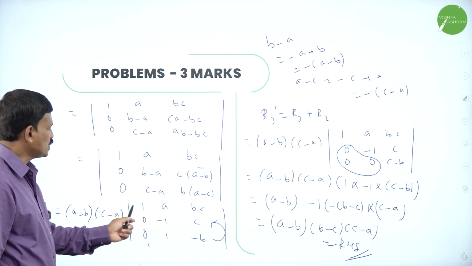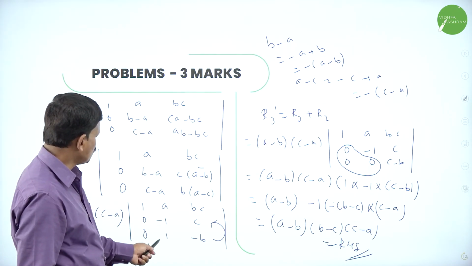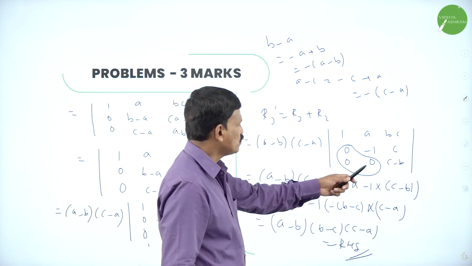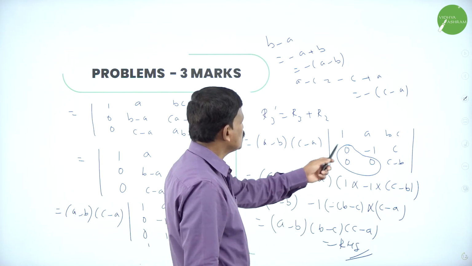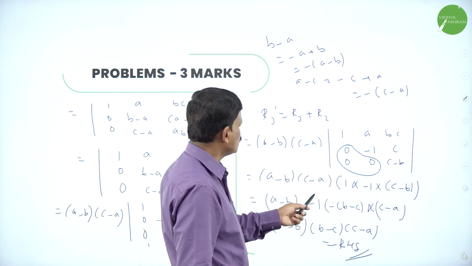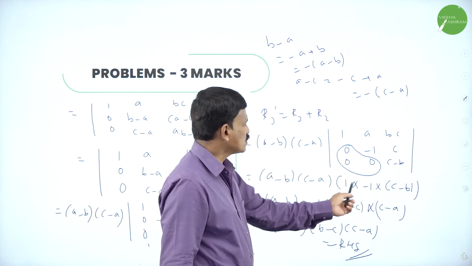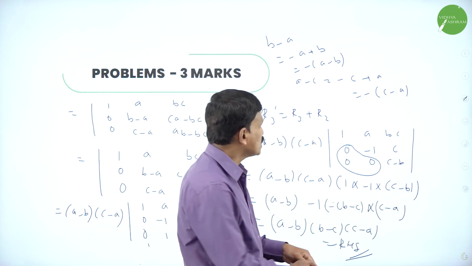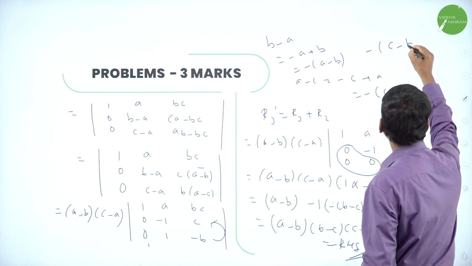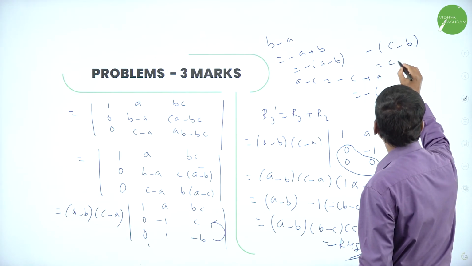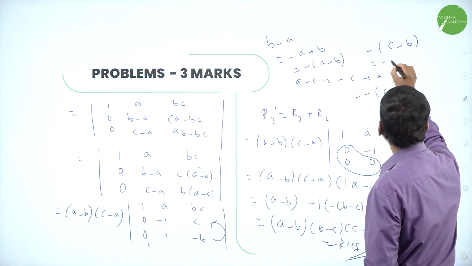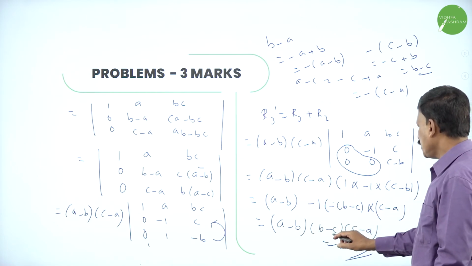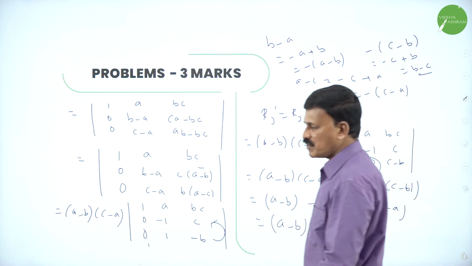This is same, A minus B, C minus A, 1 A B C, this is same, 0 plus 0 is 0, 1 minus 1 is 0, and C minus B. Since all the elements below the principal diagonal are 0, this is equal to 1 into minus 1 into C minus B. Minus of C minus B can also be written as B minus C. So A minus B, B minus C and C minus A is the required answer.